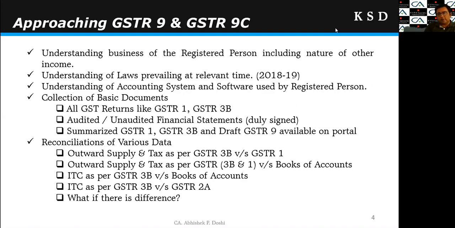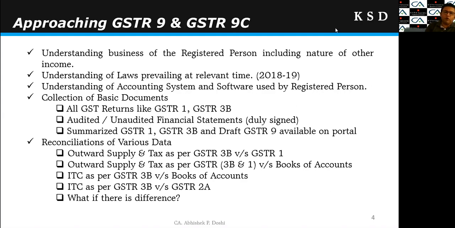Whether the registered person is engaged in export or SEZ supply, whether any of the supplies are exempt supply or not, whether they are executing any 0.1% supply or not. So we have to identify all these transactions and identify the exact nature of the business of the registered person.